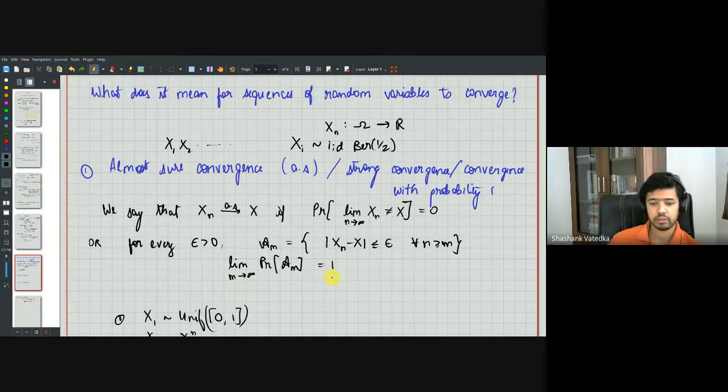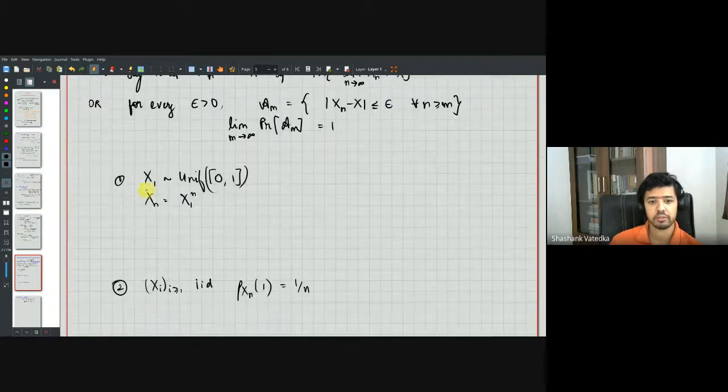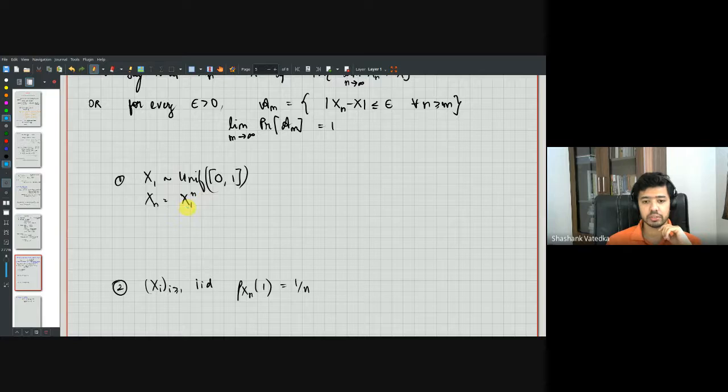So let's start with the following example. X1 is a uniform random variable, and Xn is basically X1 raised to the n.